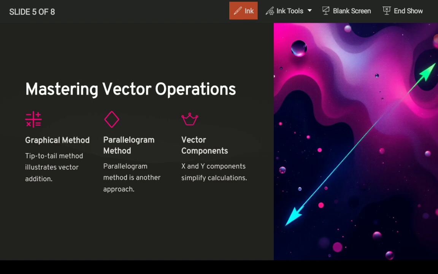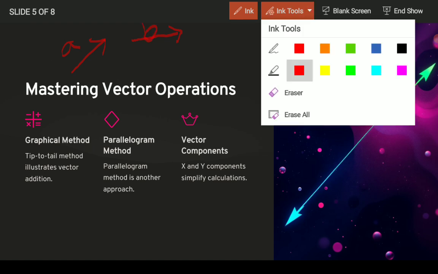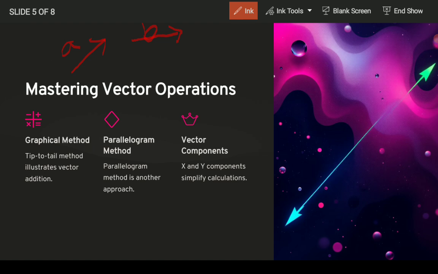Let's say we have vector A and vector B, and we want these added up. The tip of one vector, let's say A, is joined to the tail of vector B, like that. The tip is this part here.